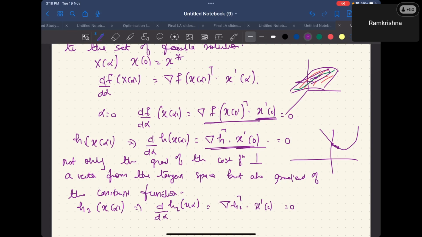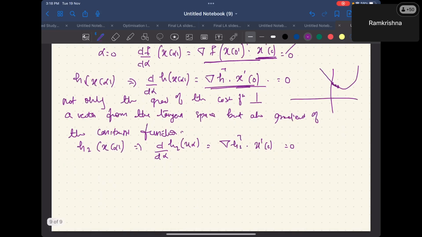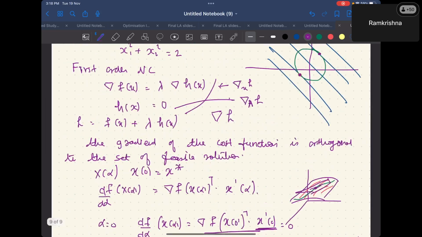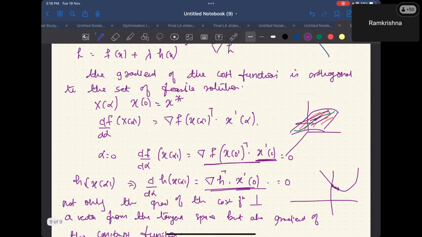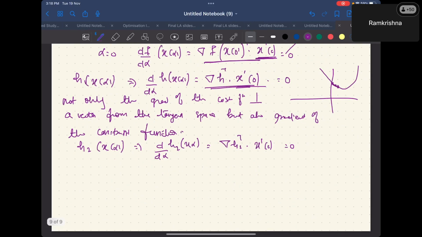Okay, and this now says that, what if I have one constraint, I can write my first order conditions of this form, where I know that the gradient of f and the gradients of h are now collinear with each other. Okay, now I have these two generalized conditions, right?